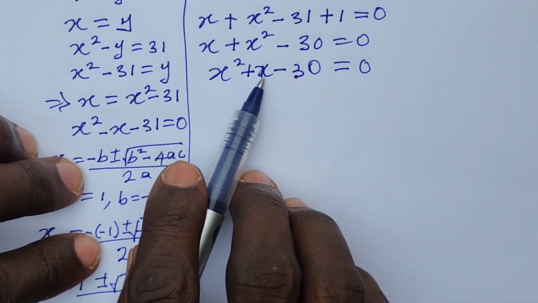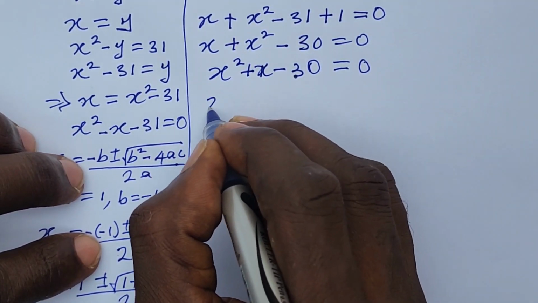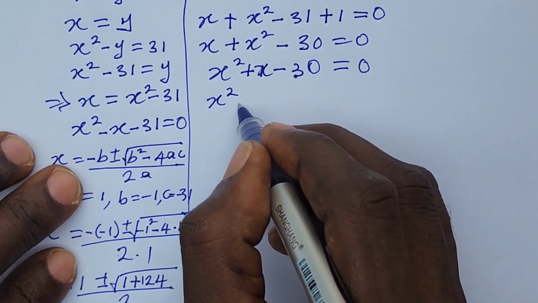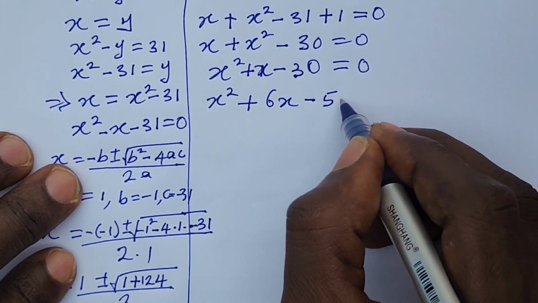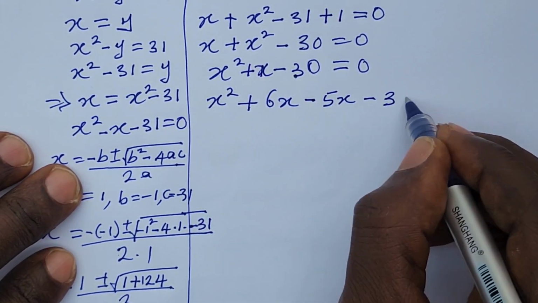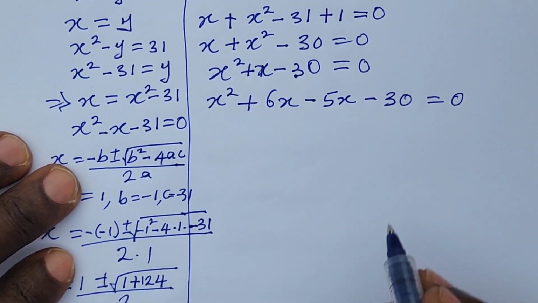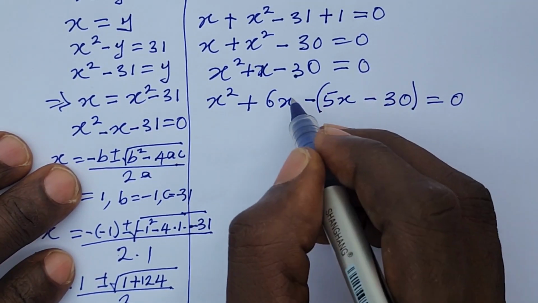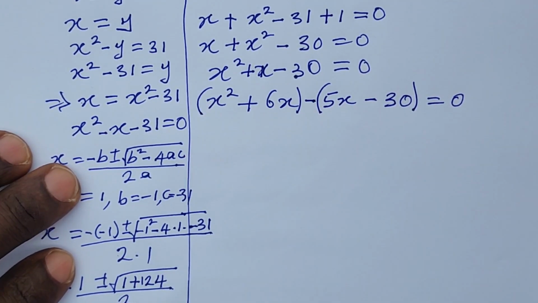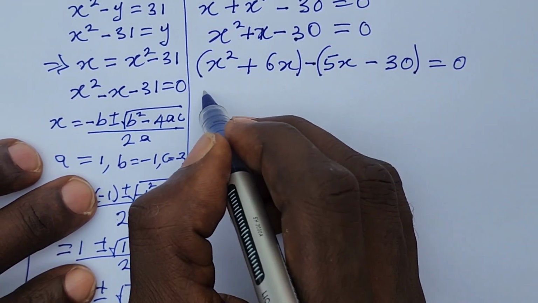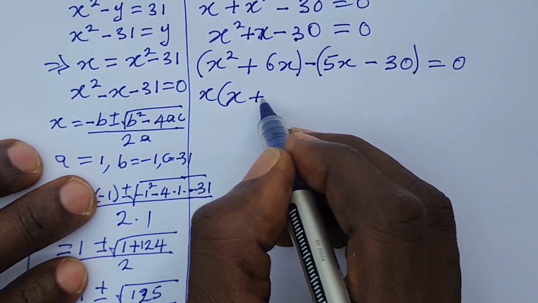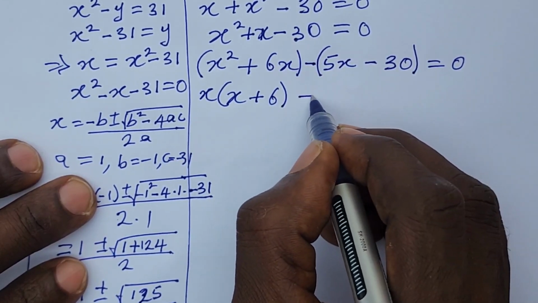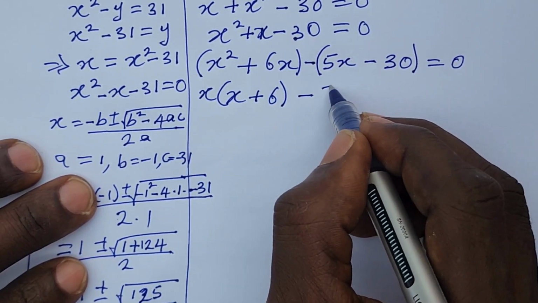So we can rewrite this expression here as x to the power of 2 plus 6x minus 5x minus 30 equal to 0. So we put this and this in brackets. Let's factor out x from here. We factor out x, here we're left with x plus 6 close bracket. Then we factor out 5 here because 5 is common.